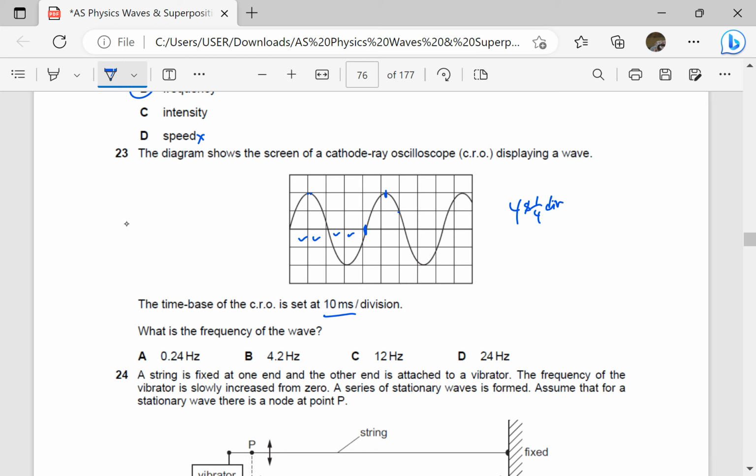Yes, let's use 4 and a quarter divisions representing one cycle. This is going to be 9 over 4 divisions. No, not 9, 16. Not 16, where is my mathematics?